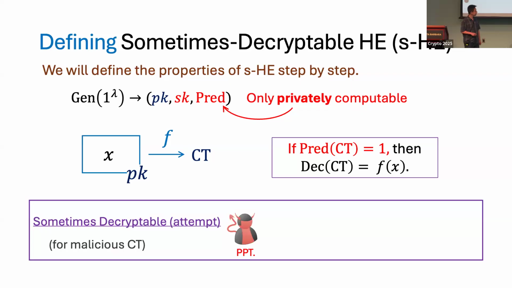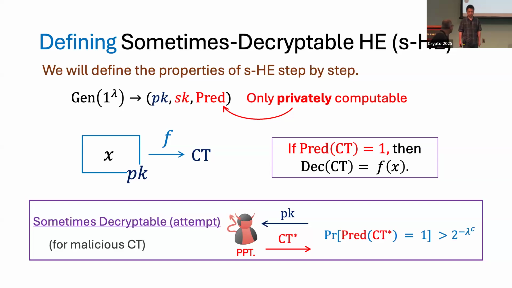We require that for any polynomial time adversary, if the adversary sees the public key, it can choose some maliciously generated ciphertext. And finally, we require that the probability that this ciphertext satisfies this predicate must be lower bounded by some small, but not too small, probability, such as 2 to the minus lambda to the c.